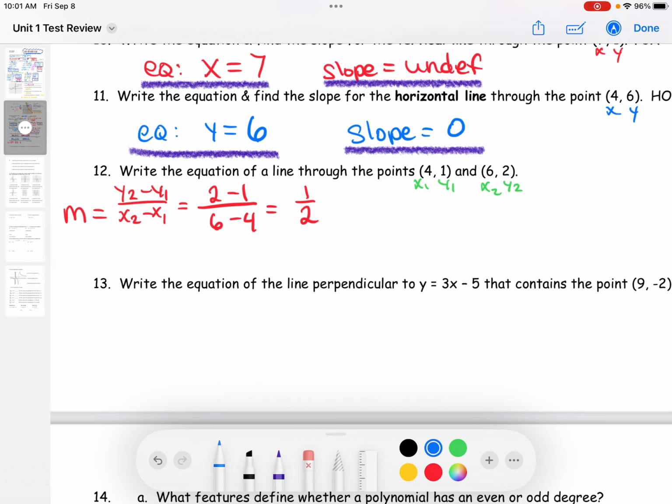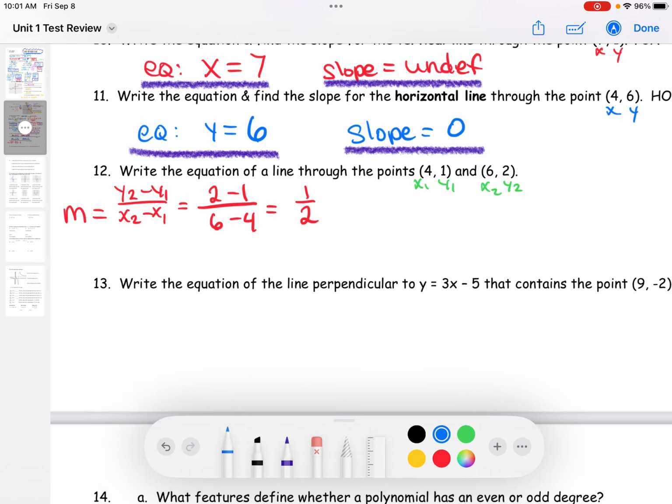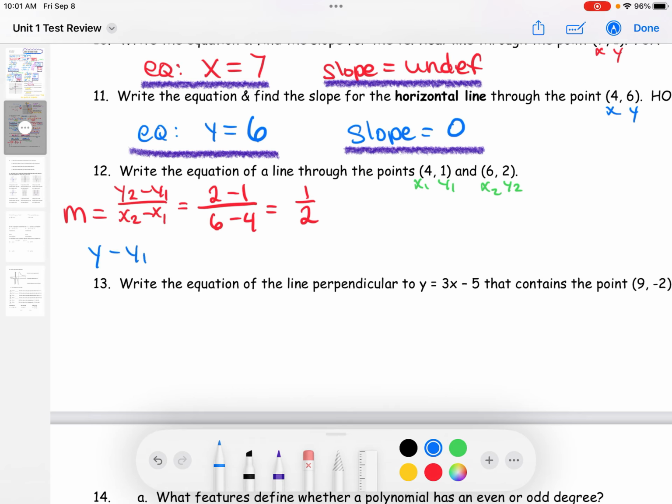Now we need to plug in to find the equation. The formula we can use is y minus y1 equals m times x minus x1. So plugging that in, y minus 1 equals our slope 1/2 times x minus our x1, which is 4.